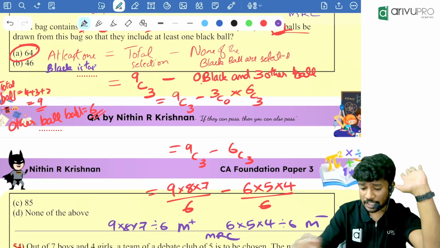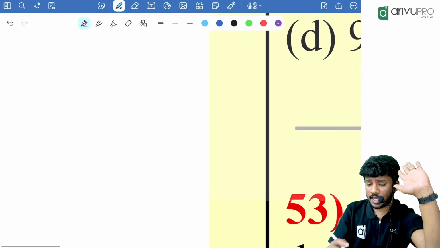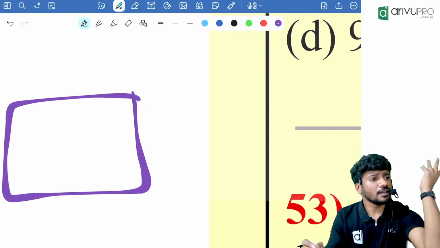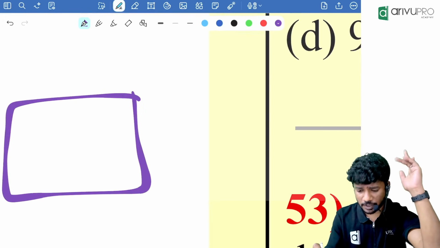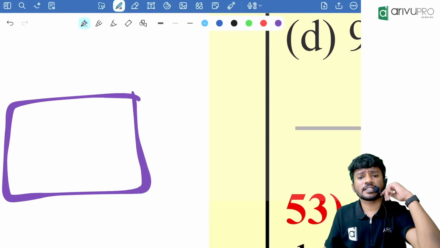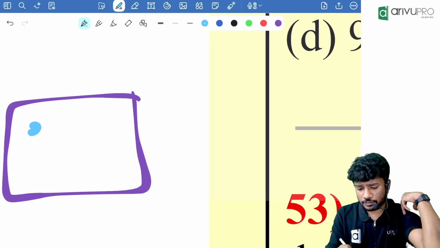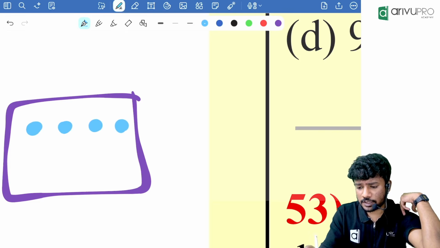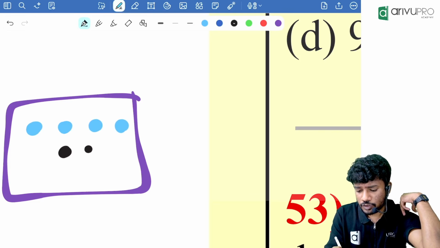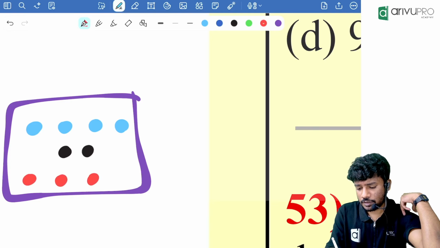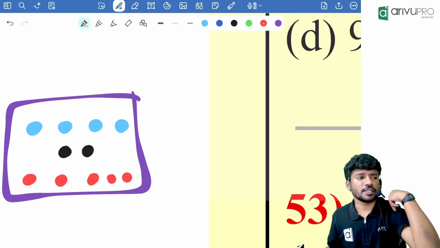For example, I will give you another one. I will explain the formula conversion part. Here, 4 blue balls are there, then 2 black balls are there, then 5 red balls are there.